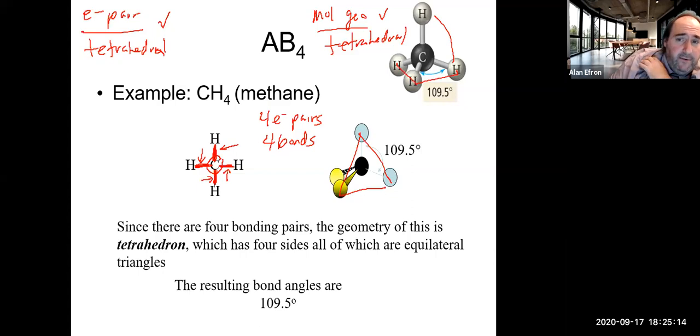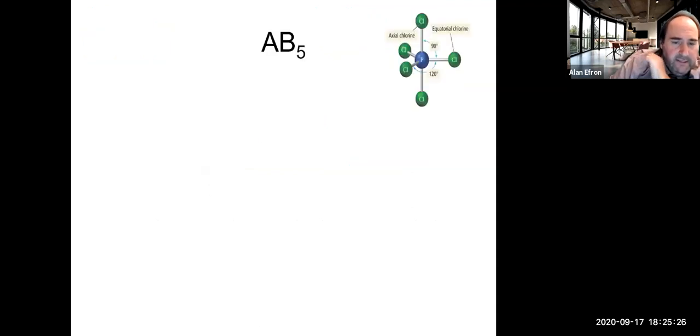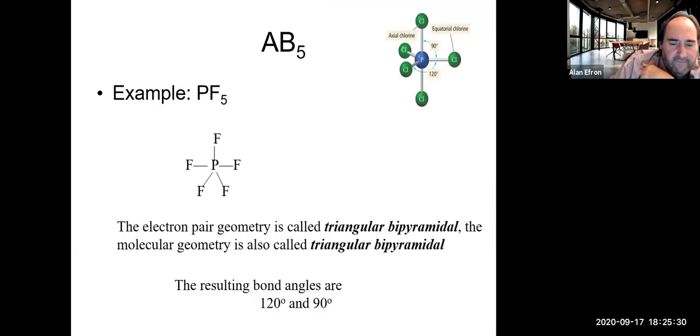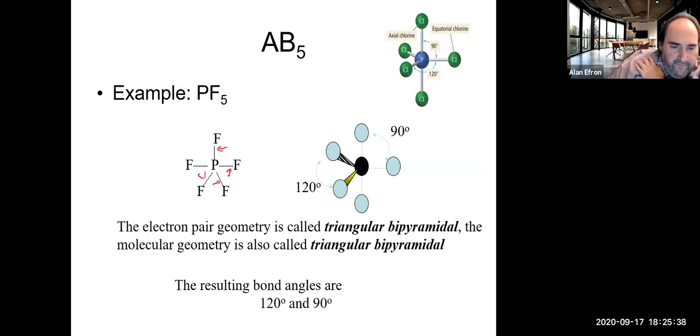So let's talk about the first exception to the octet rule here and the geometry that goes with that, and that is a central atom that has 5 bonds to it. So a central atom with 5 bonds, something like PF5 here. And if we look at it, it has 1, 2, 3, 4, and 5 electron pairs.